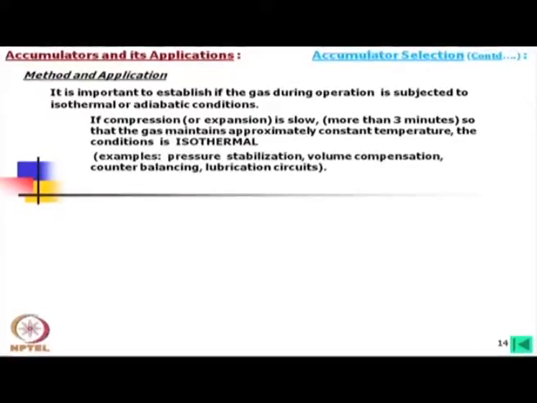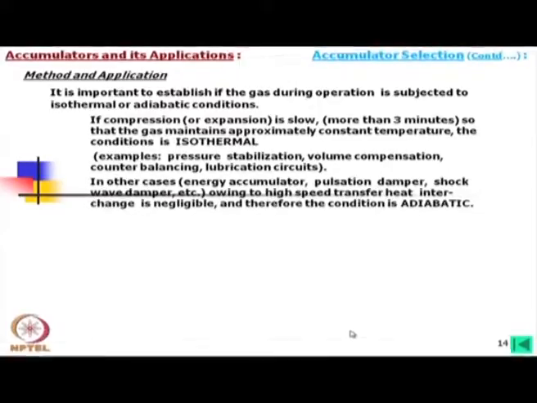Okay. Examples: pressure stabilization, volume compression compensation, counterbalancing, lubrication circuit. In that case, this is the isothermal condition. In other cases, such as energy accumulator, pulsation damper, shock wave damper, etc., owing to high speed transfer, heat interchange is negligible and therefore the condition is adiabatic.